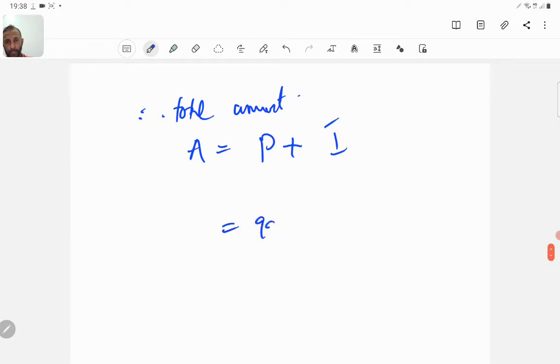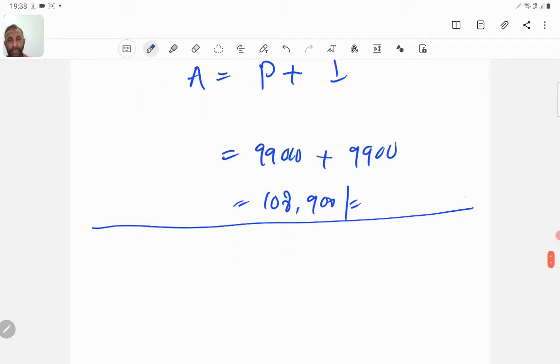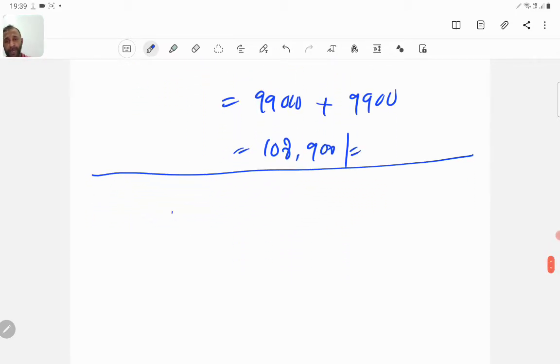Principal is 99,000 and interest is 9,900, so that will be 108,900. Now the same thing we can calculate in a slightly different way using a different equation: A is equal to P into 1 plus TR over 100.